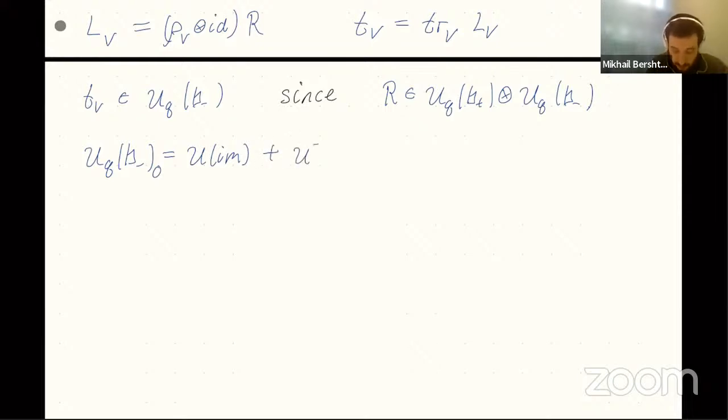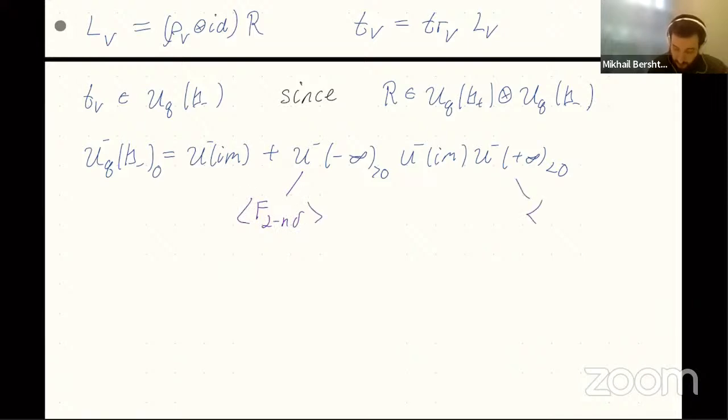it belongs to the subspace U minus of imaginary part, U minus of plus infinity plus 0, where this is generated by F alpha minus n delta, this is generated by F minus alpha plus n delta, and this is generated by F n delta.